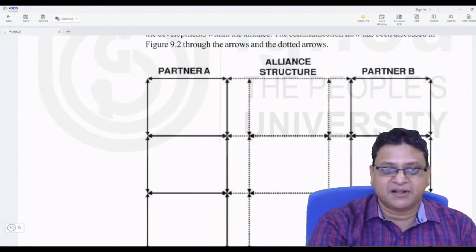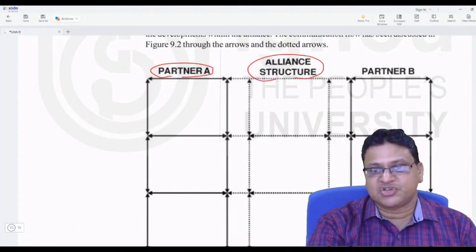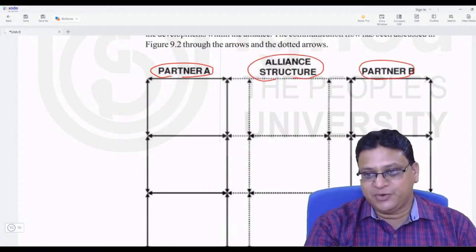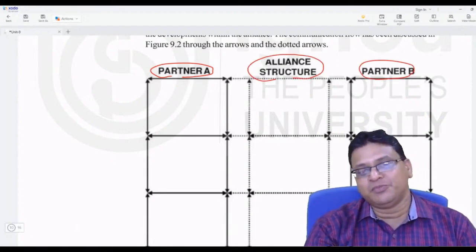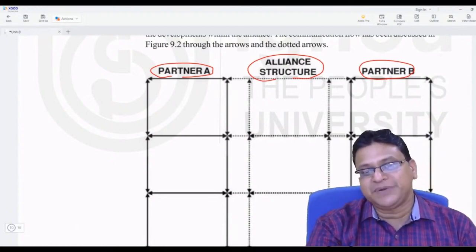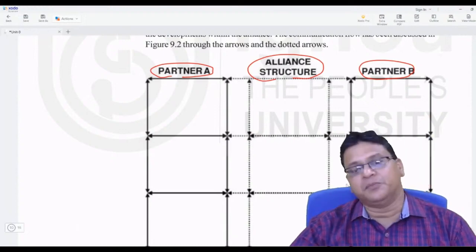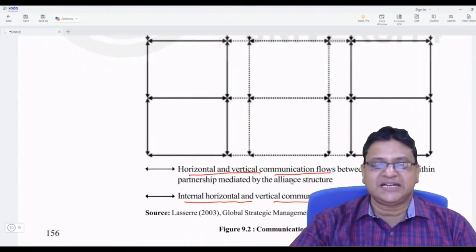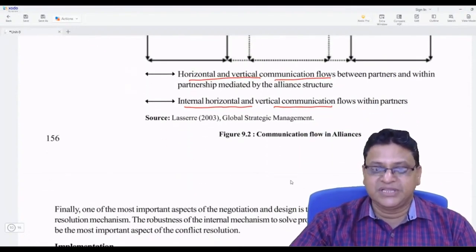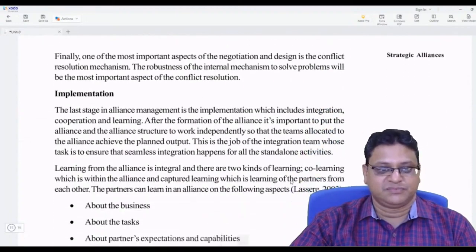This is partner A, alliance structure, and partner B. There is communication within the partners and between the partners, horizontal and vertical. So there are horizontal and vertical communication flows between partners within the partnership, mediated by the alliance structure.